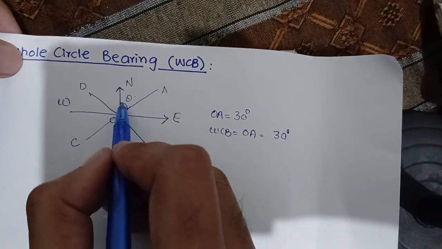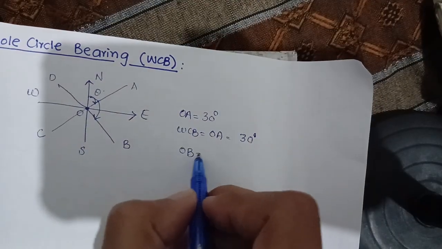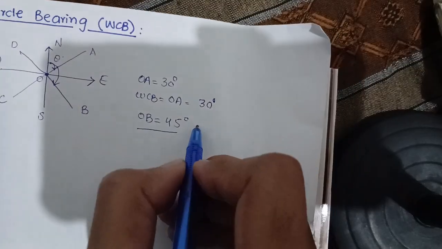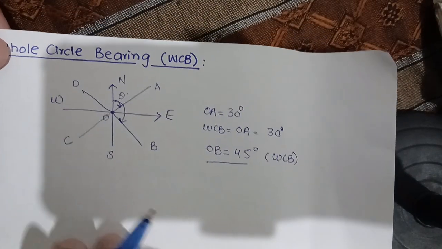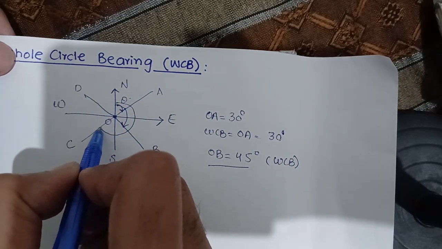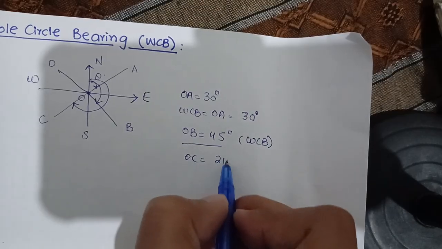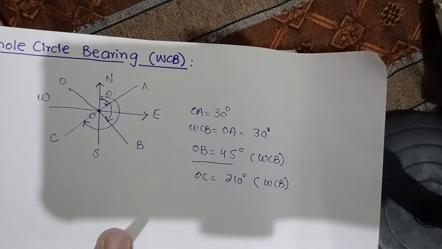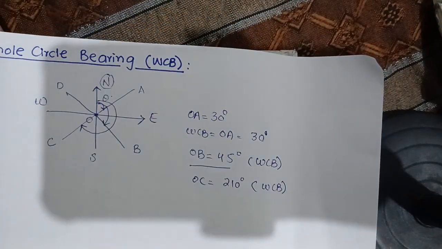Similarly, if I want to measure this angle with reference to OB and it comes out as 45 degree, whatever, this is called the whole circle bearing of line OB. Similarly, if we extend the angle in this way to line OC and OC comes out to be 210 degree, this is called the whole circle bearing of this line with respect to this reference point north pole.